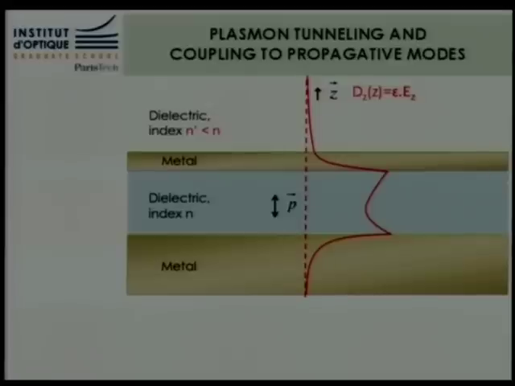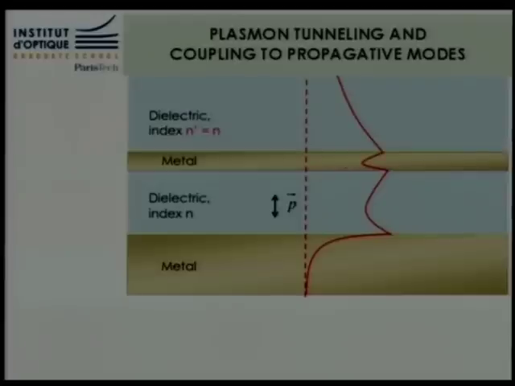If the index of the dielectric superstrate is below the one of the dielectric layer, then the plasmonic mode cannot tunnel through the metallic layer, and it barely exists in the superstrate.